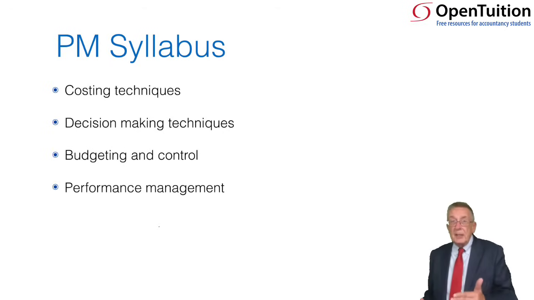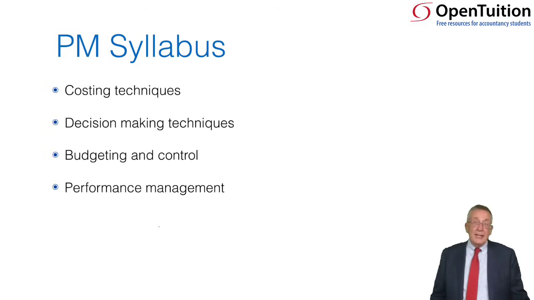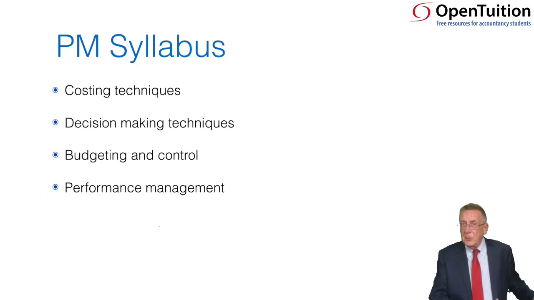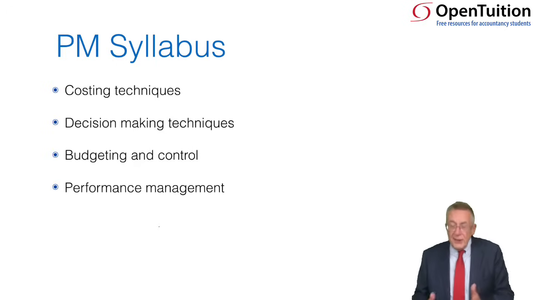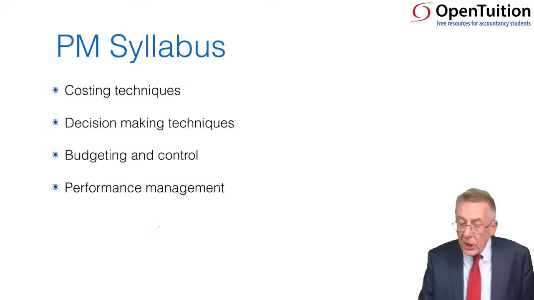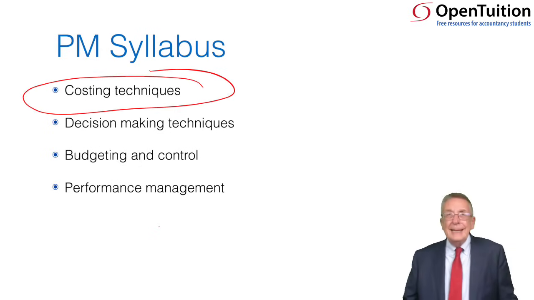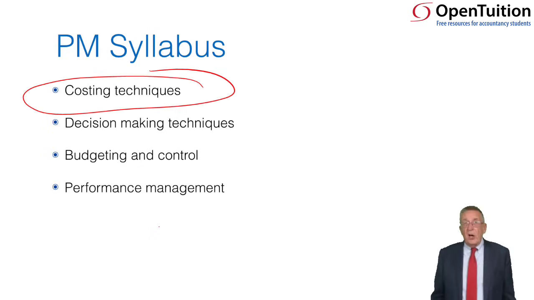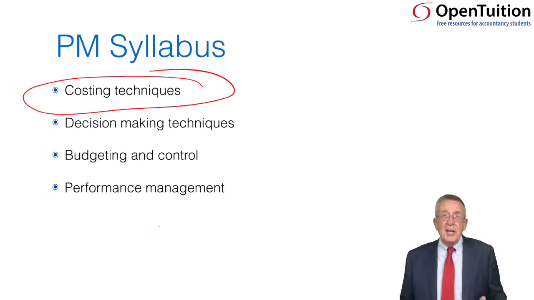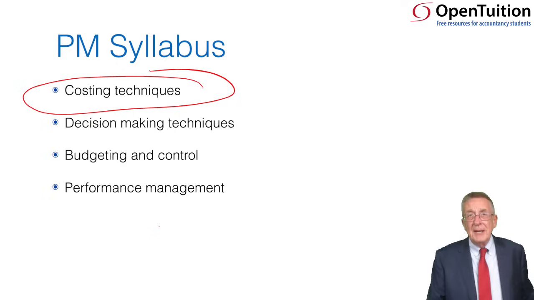And those 4 syllabus headings are all things you really should have heard of from the management accounting paper, paper F2. But in this exam, they are taken quite a bit further. Costing techniques. Essentially costing, if we're producing desks, we need to calculate the cost of a desk.